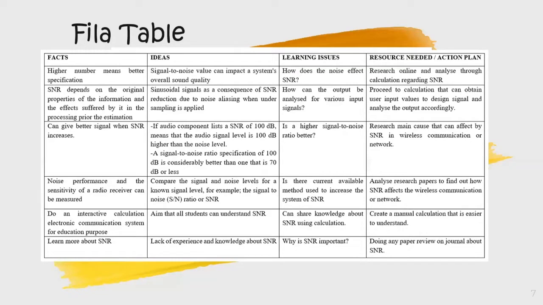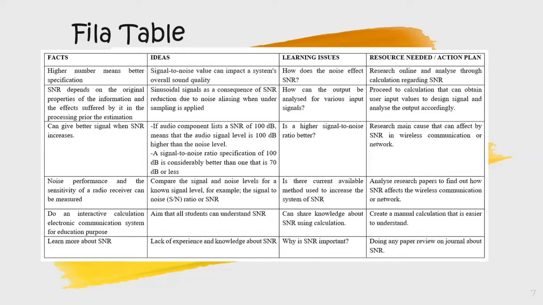The learning issue for the idea and fact is how can the output be analyzed for various signals? The action plan that we did for the learning issue is we proceed with a calculation that can obtain user values to design the signal and analyze the output accordingly. The third fact is that it can give a better signal when SNR increases.